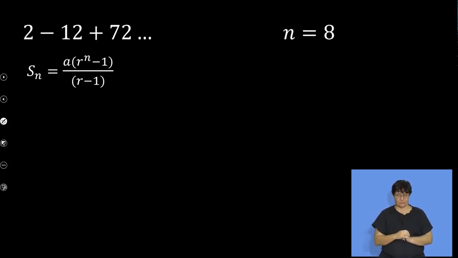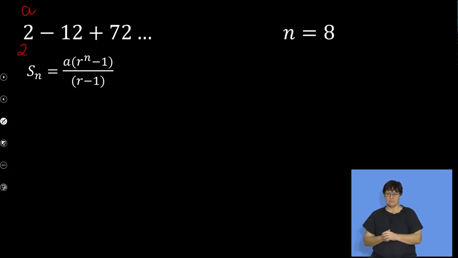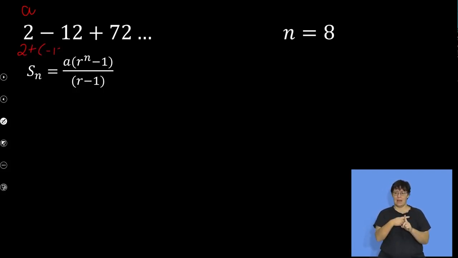So, we can have a look at this question and we can see that A is 2, because I know that the first term has a value of 2. Now you might be asking why it says negative 12 instead of an addition, because we're working with sum, so we're expecting to see a lot of pluses, but please just remember that 2 plus negative 12 is the same thing as 2 minus 12.